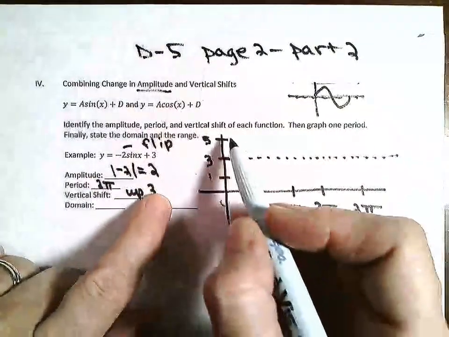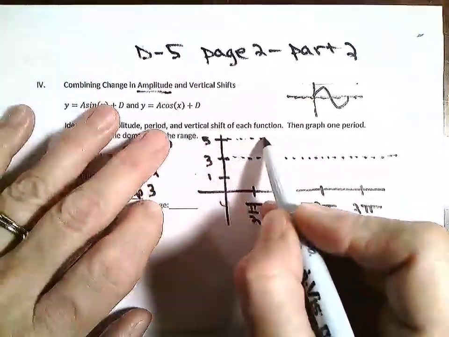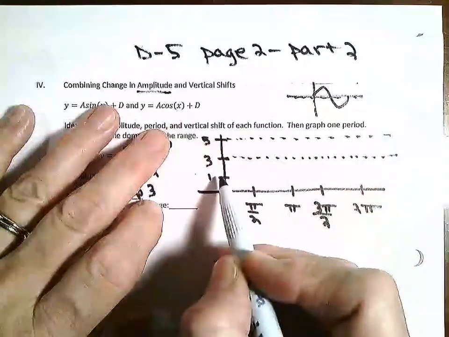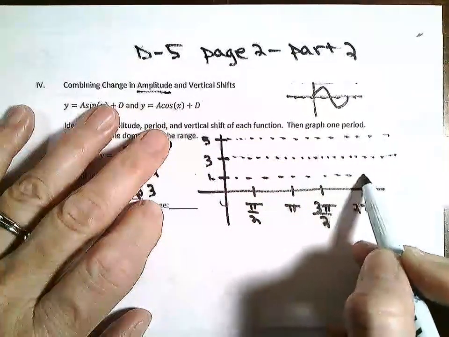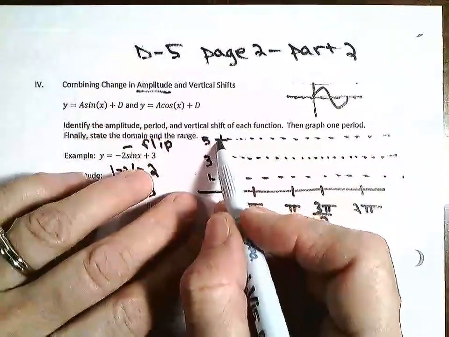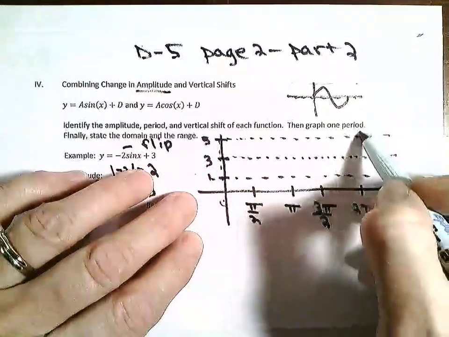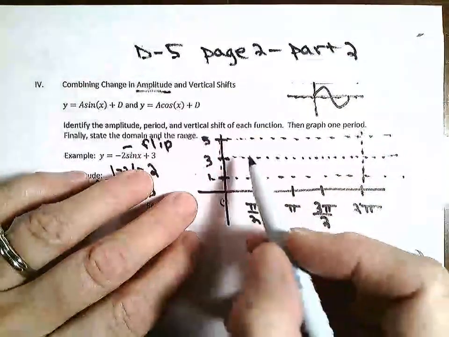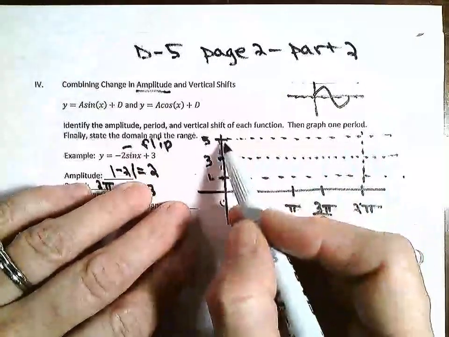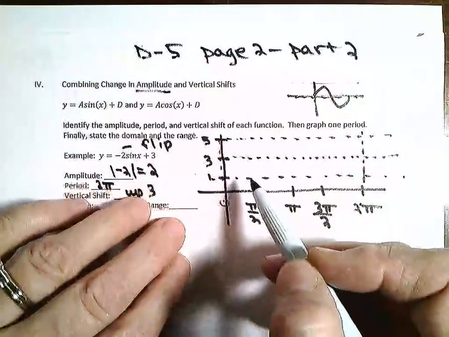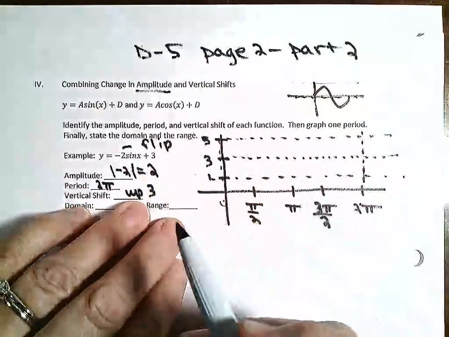So now what we've done is we've identified where the maximum function value will be at 5, where the minimum function value will be at 1, and then we already know that the left is at 0 and the right is at 2 pi. So just as before, this has identified for us a little rectangle, and we know that our graph has to go in that rectangle.